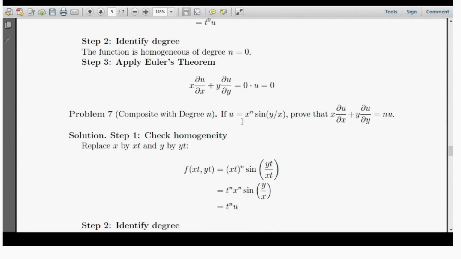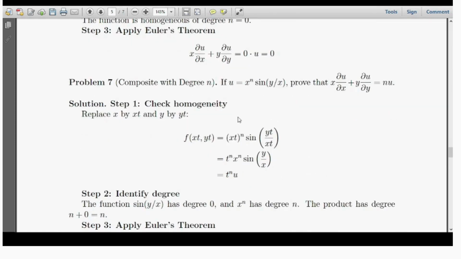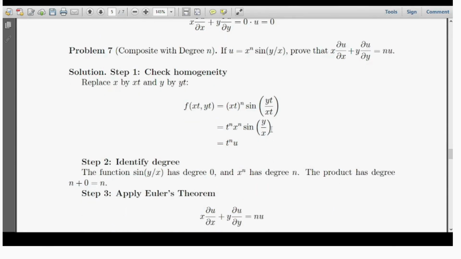This is another example, a composite function with degree n. This x power n has degree n, and this is a composite function, a function of a function, sine, with an algebraic part. Then prove that x dou u by dou x plus y dou u by dou y equal to nu. First we find the homogeneity by replacing x with tx and y with ty. So this is (xt) whole power n into sine of yt by xt.